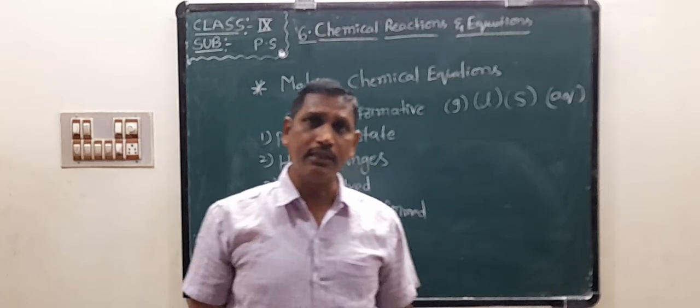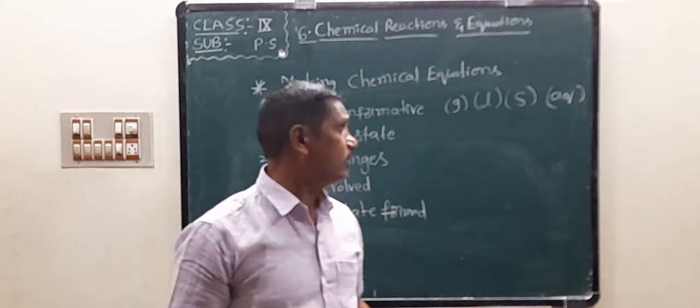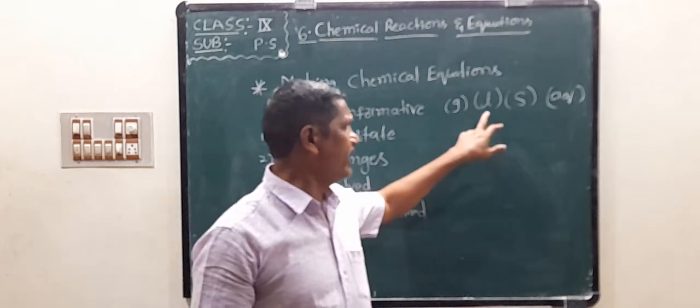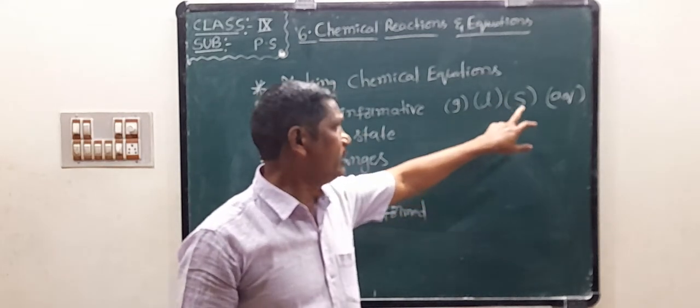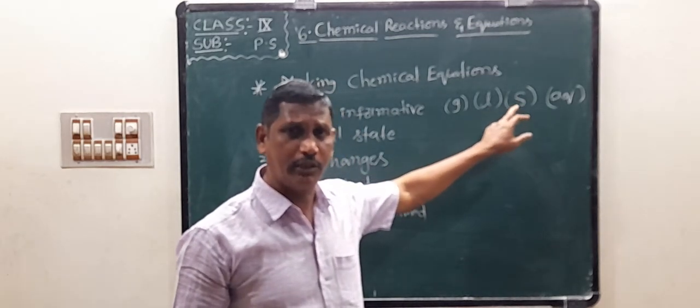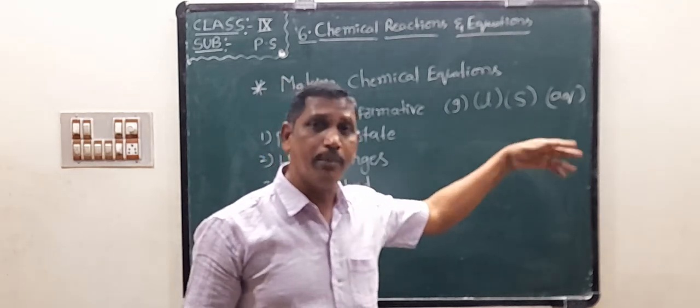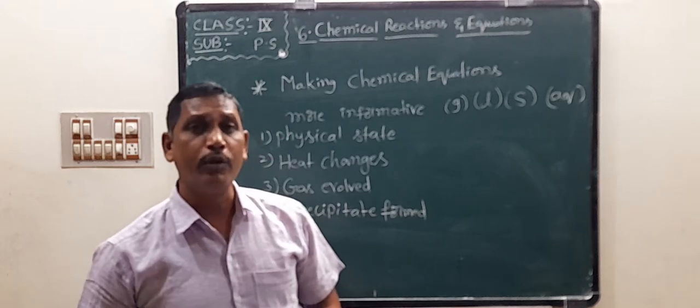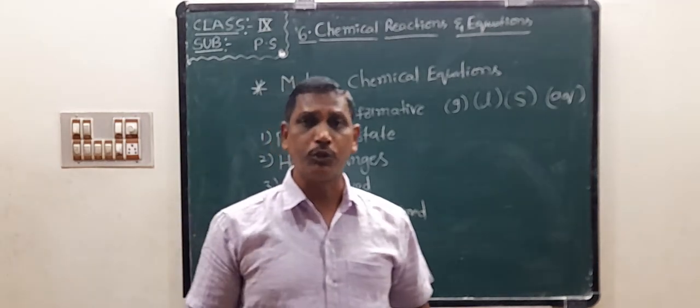G means the chemical is in the gaseous state. Small l means the liquid state. S means the solid state. The chemical that exists in an aqueous solution, we put the symbol aq.